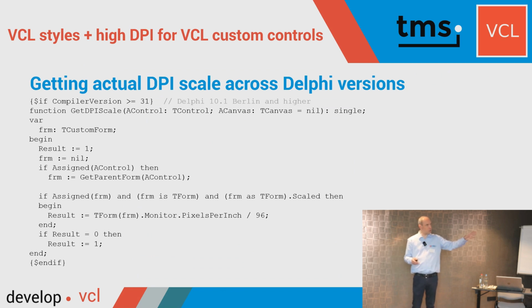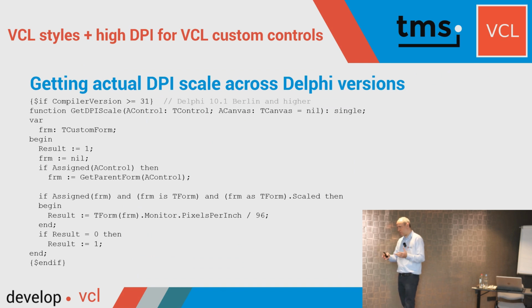This is what you can use from Delphi 10.1, because the VCL framework offers extra properties to discover the DPI, and this code takes advantage of that. Basically, we get the form where my component is on and ask the form what the pixels per inch of this particular form is. The DPI scale here is a single, that is the multiplication factor that we need to adapt fonts, image sizes, etc.